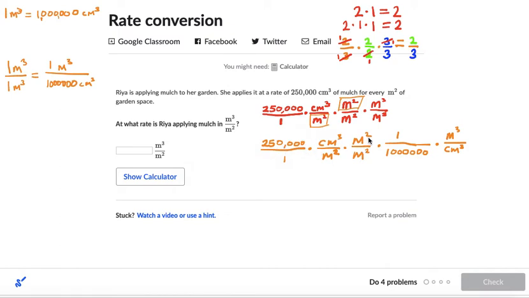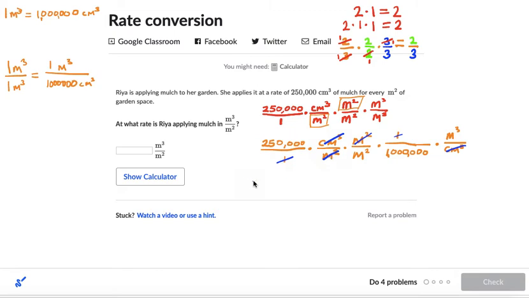The first thing here is that these 2 meters squareds cancel out very nicely. And then we see that the centimeters cubed on top cancels out with the centimeters cubed on the bottom. So interestingly now, I like to rewrite this first before we go any further, tidy up again. 250,000 times 1. We can even cancel out these ones just for extra tidiness.